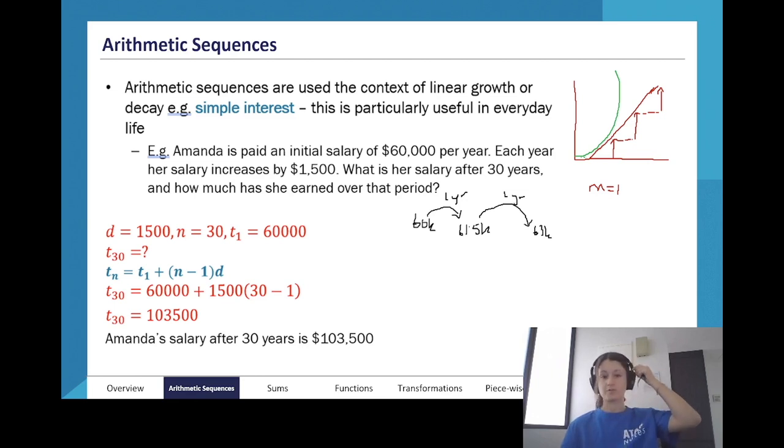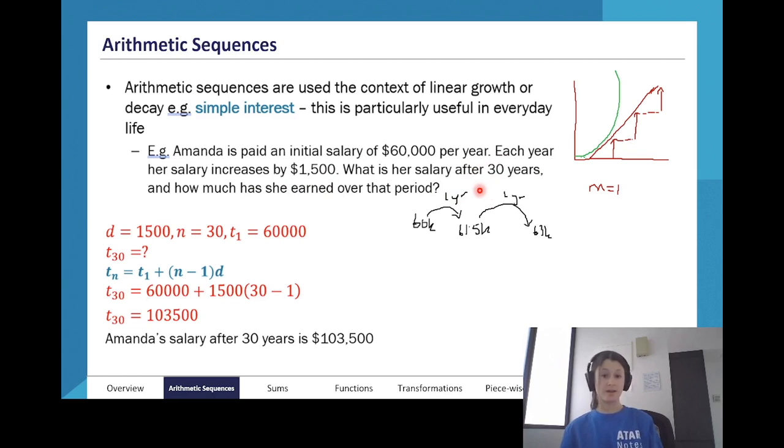That's the starting value. Then of course her difference is going to be 1,500. And then because the difference occurs once every year, her salary increases by $1,500 every year. The n is also going to be in years, so her salary after 30 years.